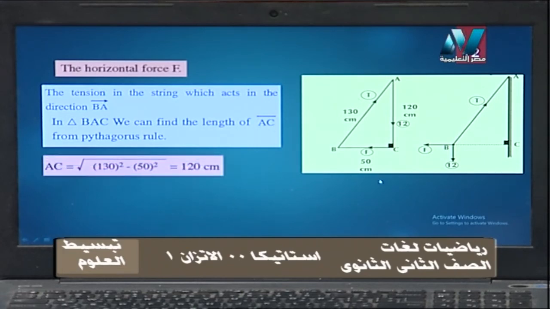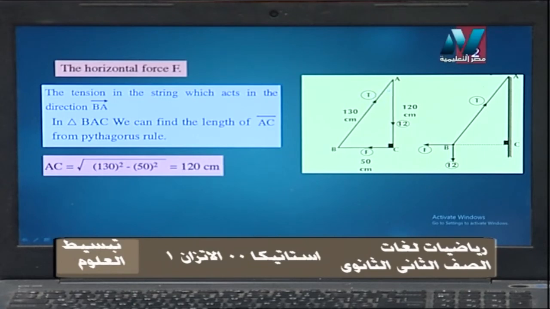Okay, and in the triangle, we can find the length of AC from the Pythagoras rule. We have here a triangle that represents these three forces, 12 downward, so we have 12 here, concentrate with me, F horizontally to the left, and BA represents the tension of the string.